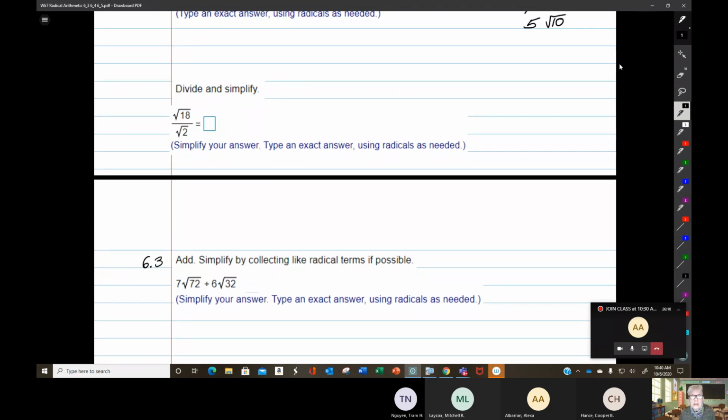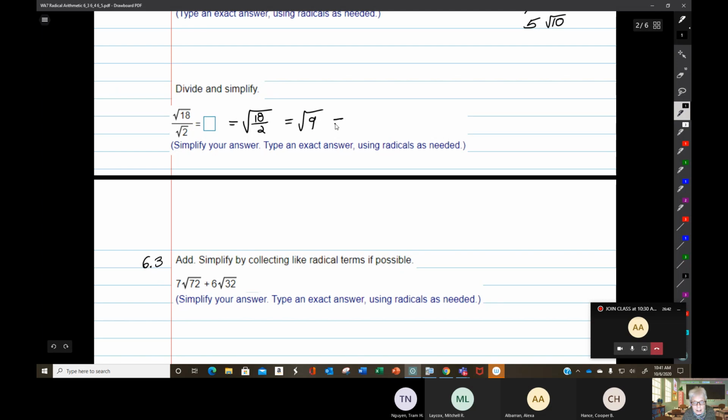Okay, now we're going to divide and simplify. What does that mean? Well, here it means you have a square root divided by a square root. So you can make one big square root and say, well, this is the same as the square root of 18 over 2, which is the square root of 9. You know what the square root of 9 is.